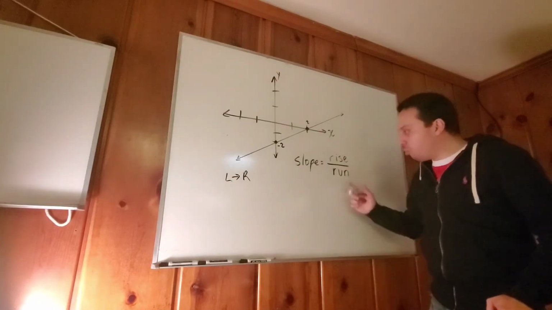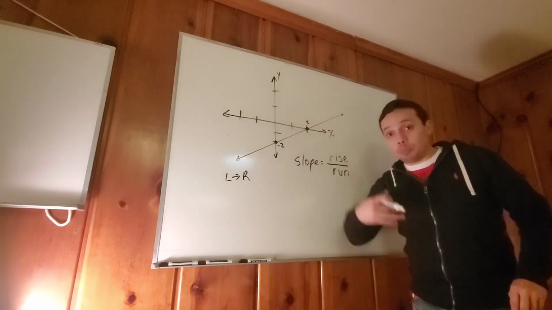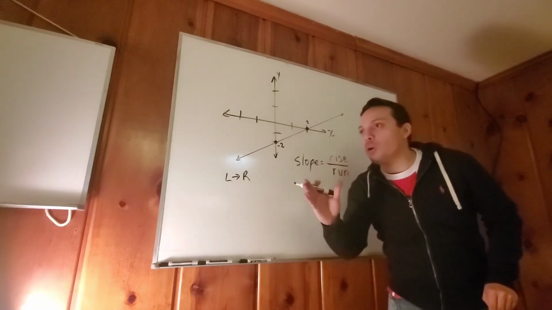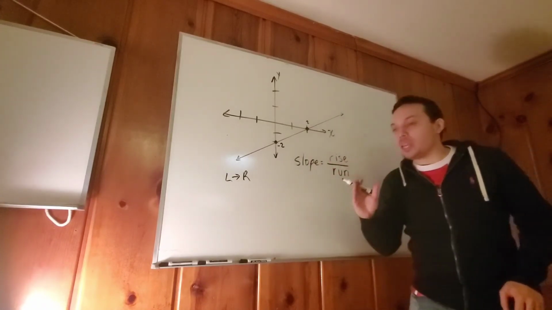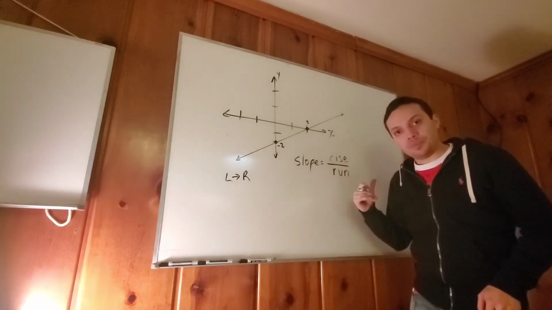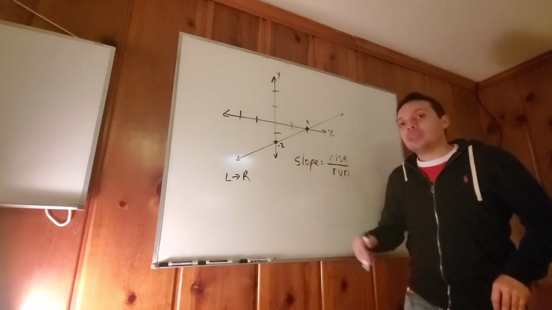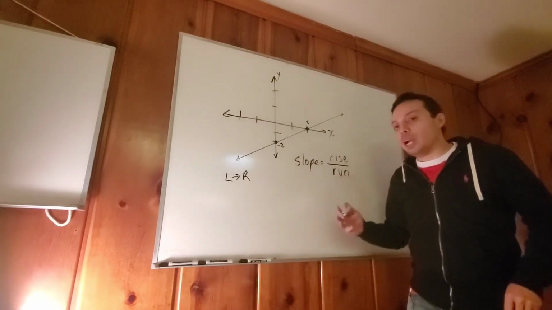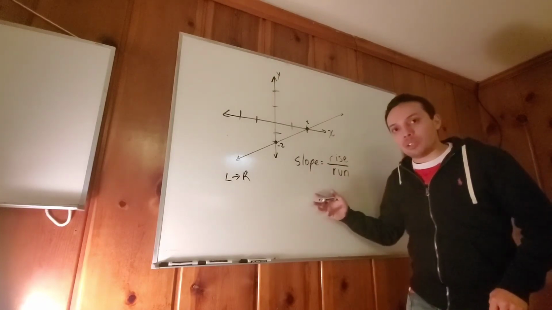In running, for the most part, normal people in sports run forward. I've never seen a race which runs backwards. And this is why I don't like it. Because in the rise over run, they kind of don't assume that you guys are going to have problems saying, why is the slope rising down? Why is it running backwards?